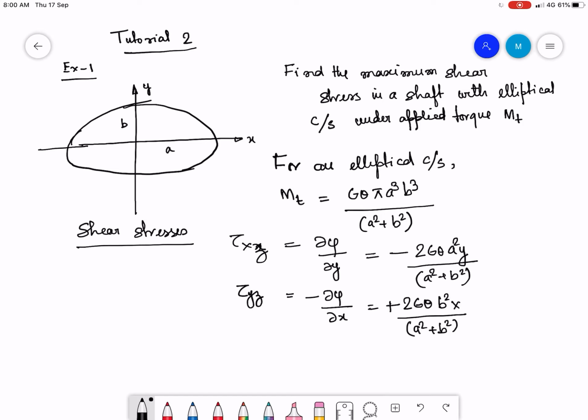Now what we can do is that we can plug in this relation here and we can express tau xz as minus 2MT.